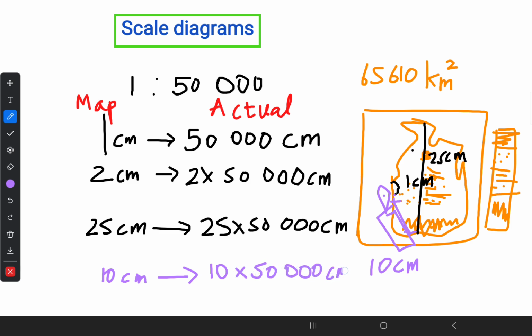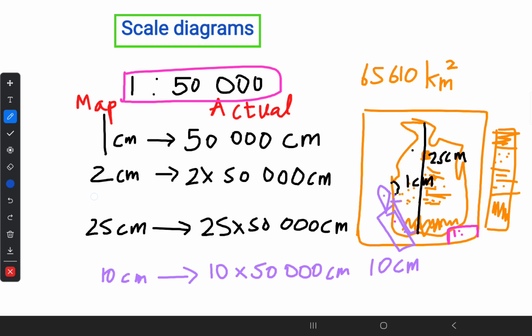This is the conversion we need to do to work with scale diagrams. If you remember this, that's good. On the Sri Lankan map, somewhere here, you can see this scale. They denote 1:50,000.